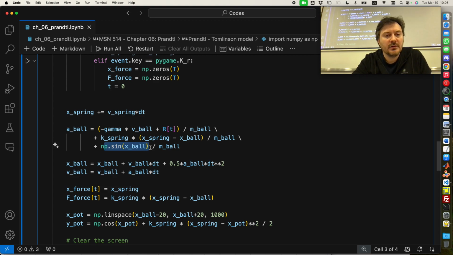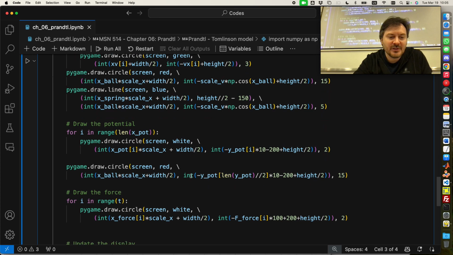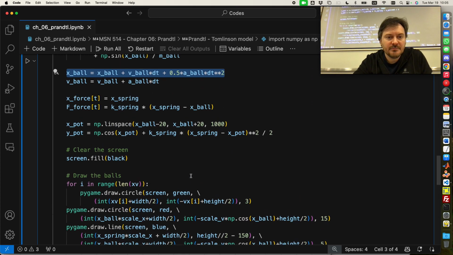Then you have this gamma v plus RT from previous chapter, divided by mass of the ball. This is the spring constant, and that's the acceleration. This is the distance, x equals vt plus 1/2 at squared, and v is updated like that. The rest is plotting.